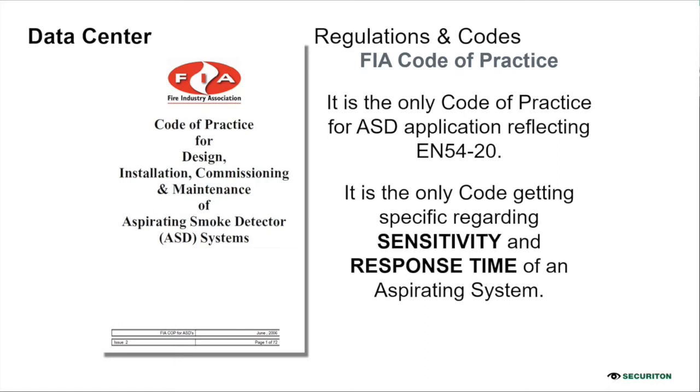Then Class B, which is enhanced sensitivity for large open areas, and Class C, normal sensitivity. So there are different sensitivity classes available, and the FIA code of practice gives instructions on how to use air sampling on different types of cabinets as well. In in-cabinet detection, it talks about how to install your pipes and tubes. Yes, so this is mainly governed by EN.